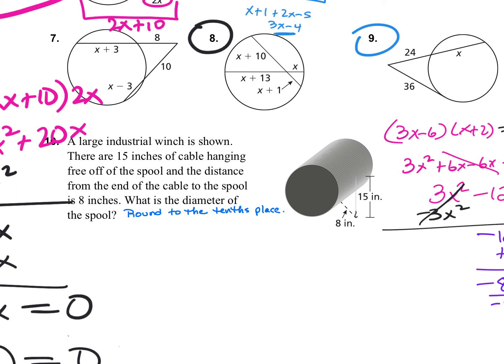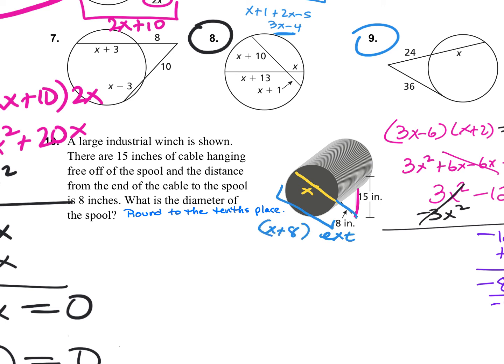So notice here the 15, this is a tangent, and then they want you to find the length of the diameter. And the diameter is right here, and I'm going to call that x, which really is turning this into a secant segment. The 8 is the external, and then the whole secant is going to be x plus 8.